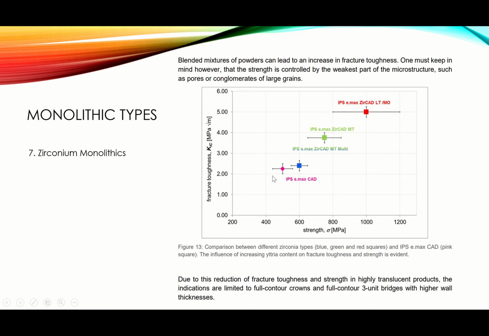High translucent zirconia is close to lithium disilicate in physical properties, and I want you to know that, because we're going to talk about products from different companies, where the comparison when it comes to strength is pretty close between the high translucent zirconia and the lithium disilicate pressed ingots.